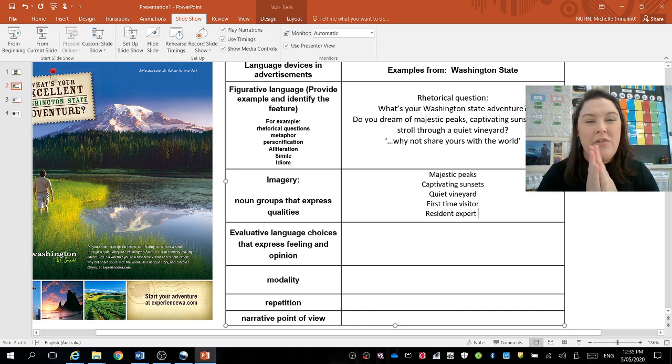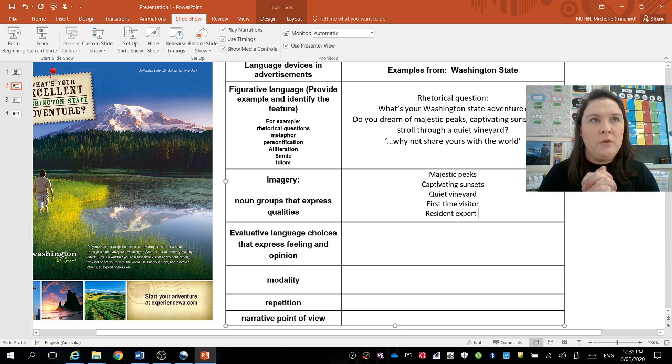Now there's one in there that I did not put in noun groups because I'm going to put it into evaluative language. Okay? And that is memory making adventures. The reason why memory making adventures is making it into the evaluative language is because memory making is subjective. It's kind of a subjective way to describe the experiences had.